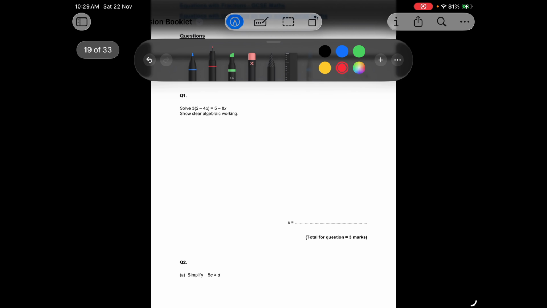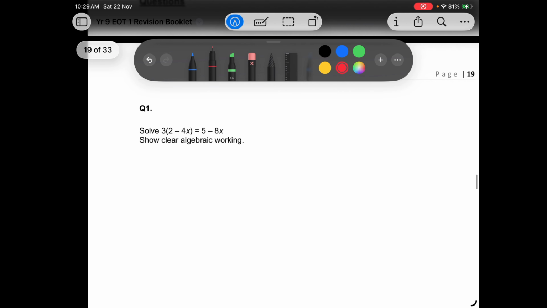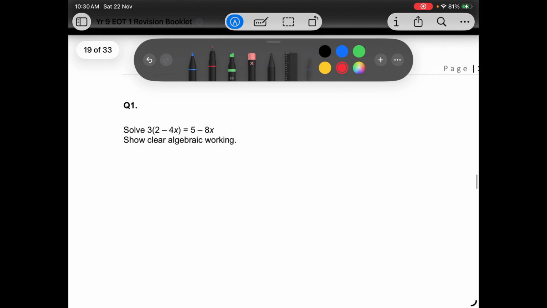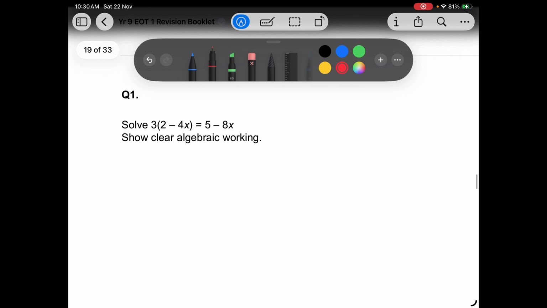Okay guys, next I have here: solve this equation, and show clear algebraic working. This is a linear equation.